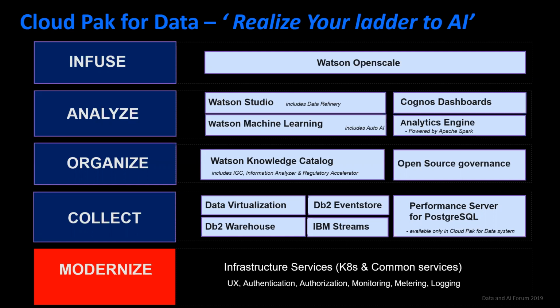If I've got some extra capacity, I can start up DB2 Event Store and Streams and try them out. If I like them, great. If I don't, I can shut them down, start something else back up. It gives you that flexibility to try and use any and all of the components without any licensing issues. It's all capacity-based now. Simplifies everything.